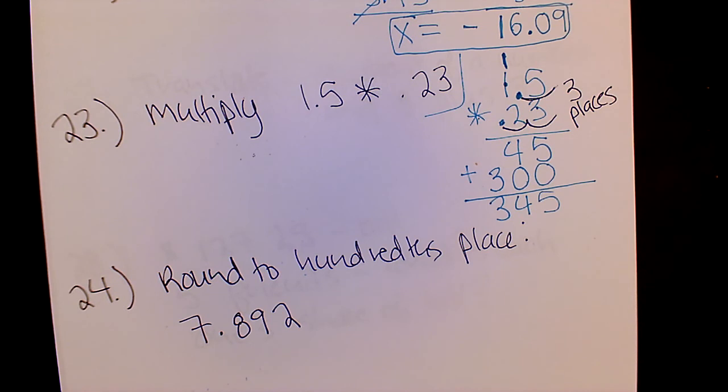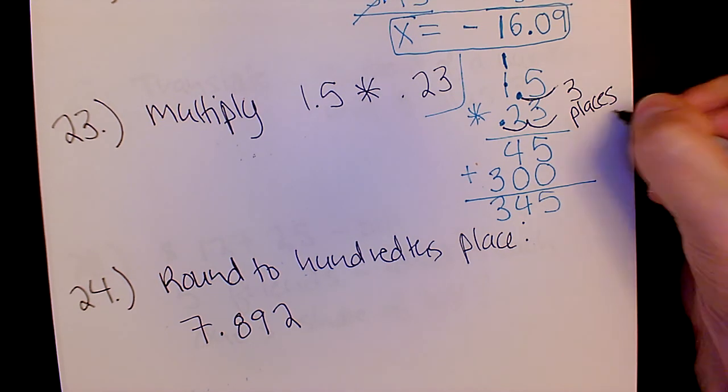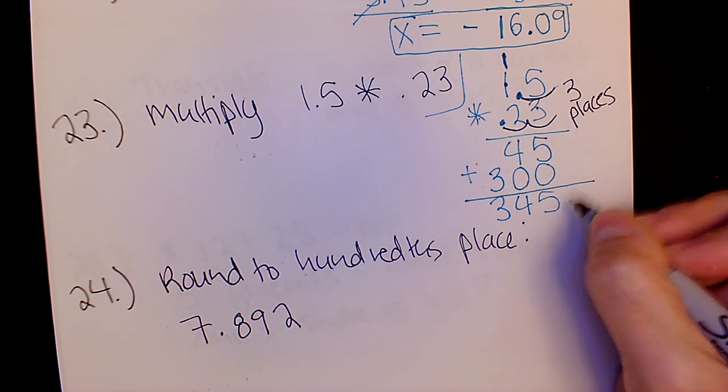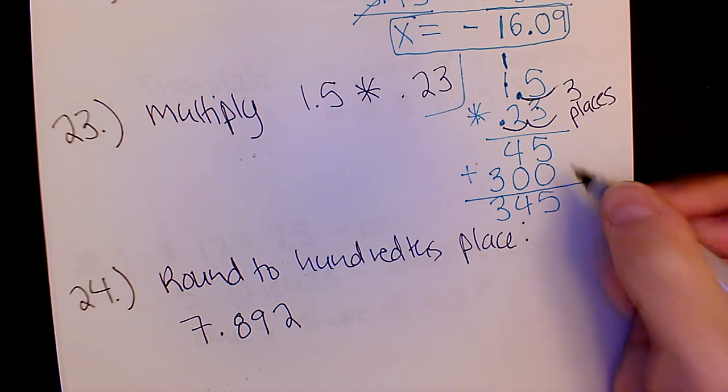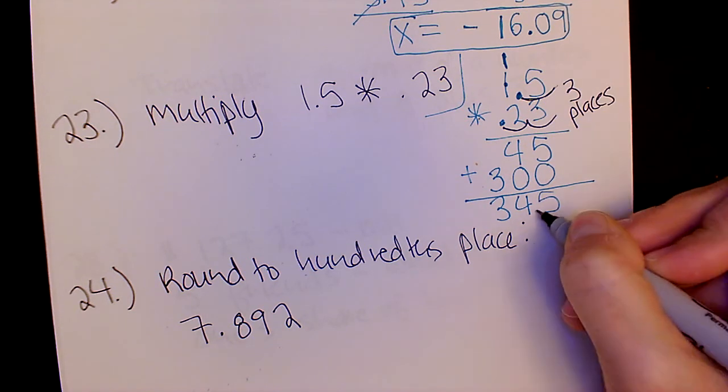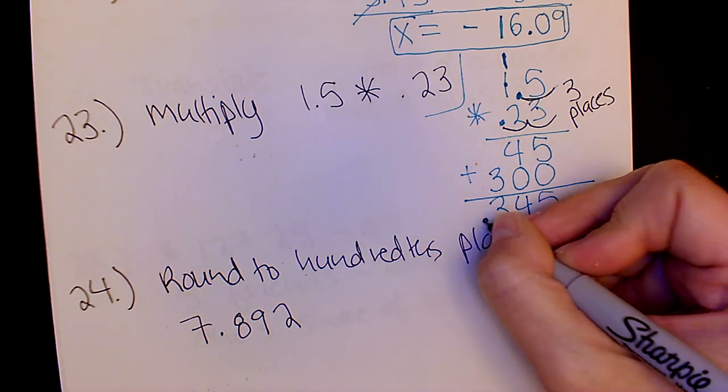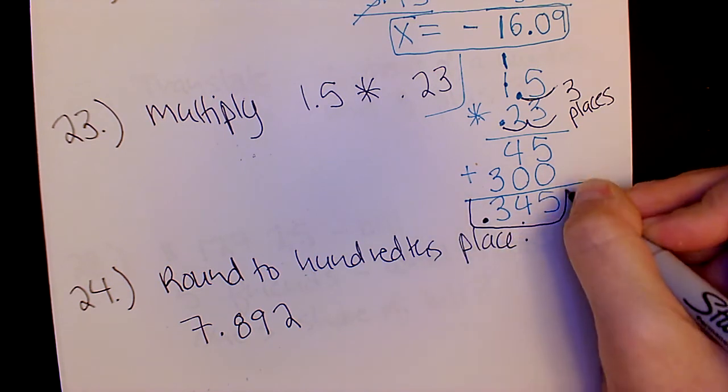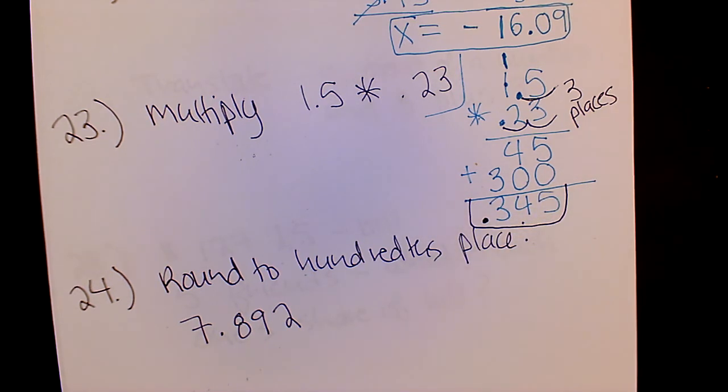So that's 3 places. So I'm going to come down to my answer of 3, 4, 5 and move over 1, 2, 3. So here is my answer, 0.345.